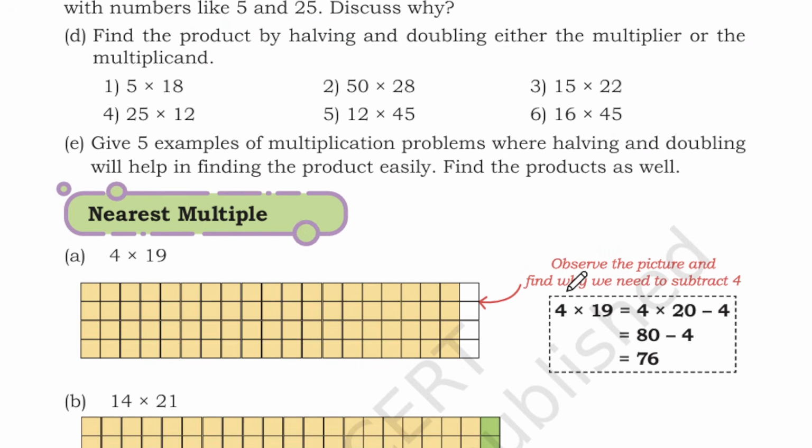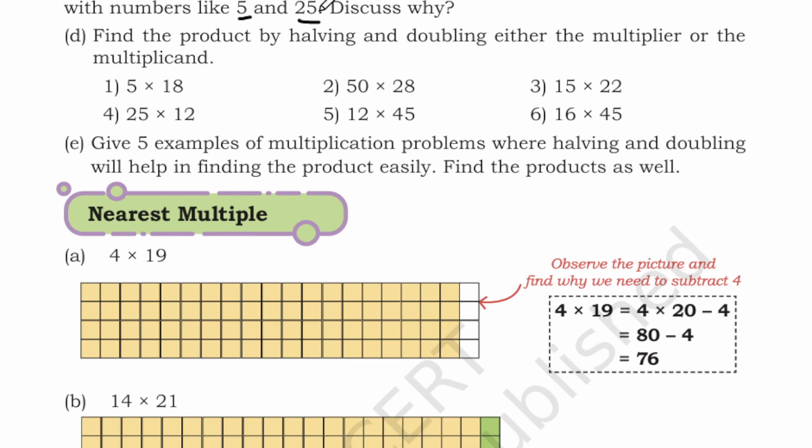This half and doubling strategy works well when we have to multiply with numbers like 5, 25. Discuss why. Because when we multiply these numbers, we will get easily the next number. For example, 5 plus 5 is 10.